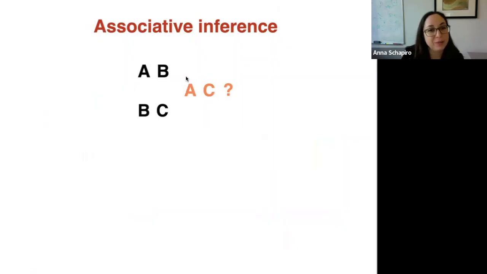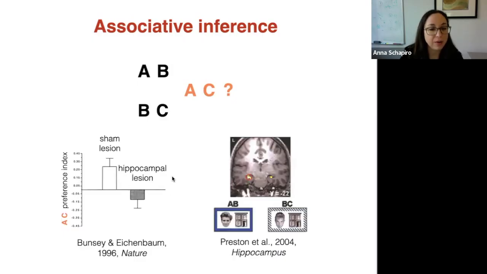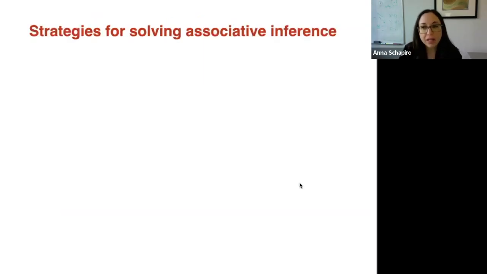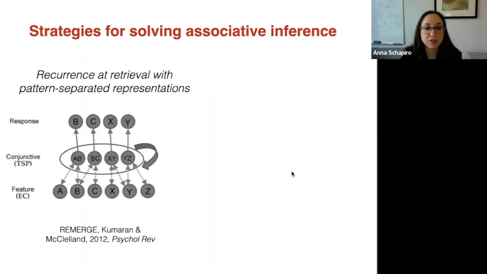So here you learn that A and B go together, you learn that B and C go together, and then you have to, at test, make this transitive link from A to C. And we know that the hippocampus is important for this ability from rodent lesion work, and it comes up in lots of human fMRI studies. So in the literature, there have been several different proposals for how the hippocampus might be solving associative inference. I'm going to contrast two of those proposals here.